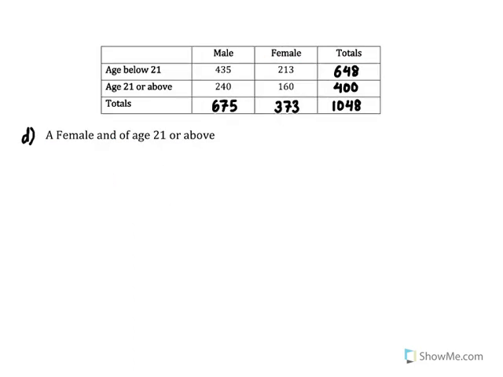The next one is probability of female and of age 21 or above. Above, we said that we'll call this event A. So probability of female and age above 21, you can look. How many females do we have whose age is above 21? We have 160.